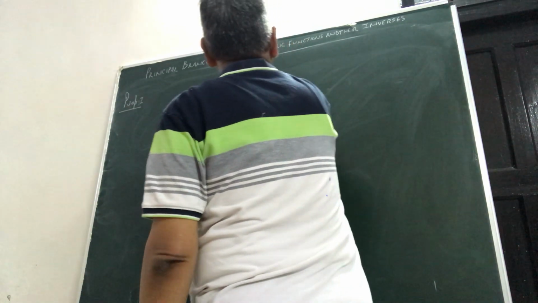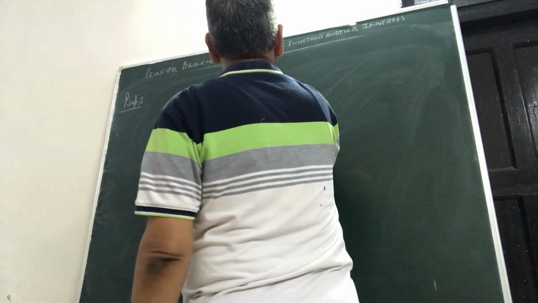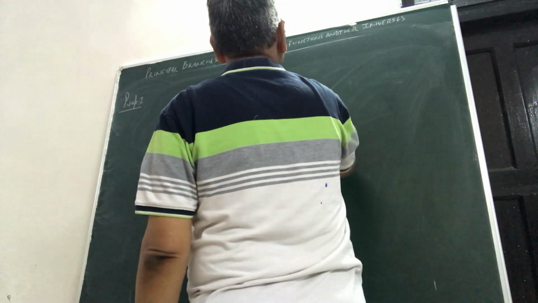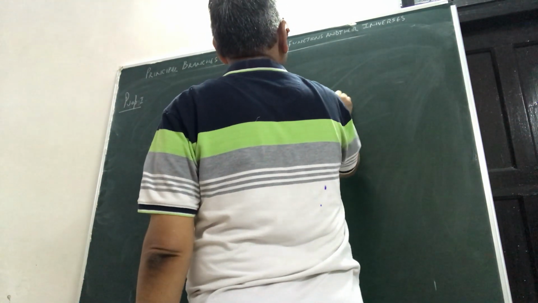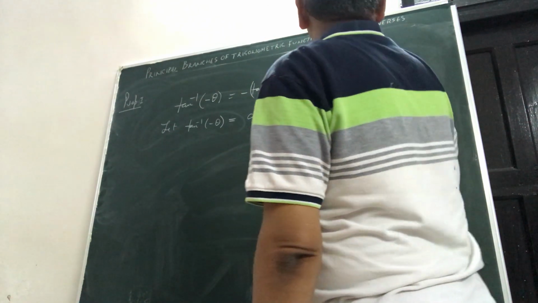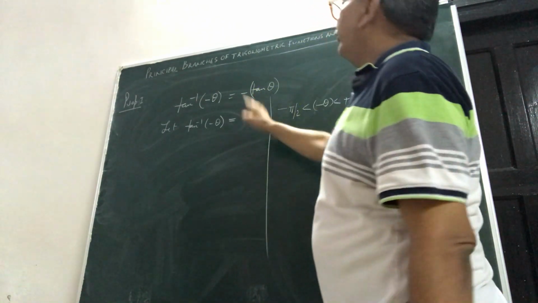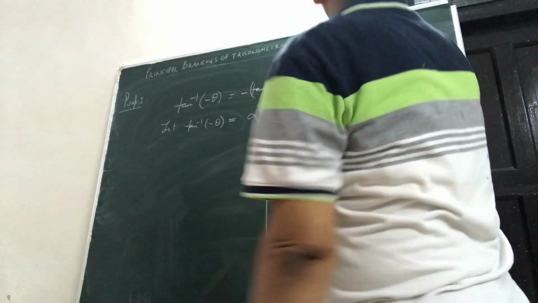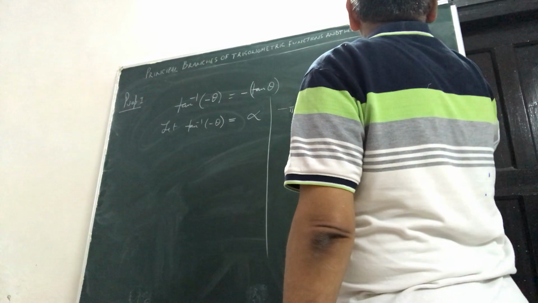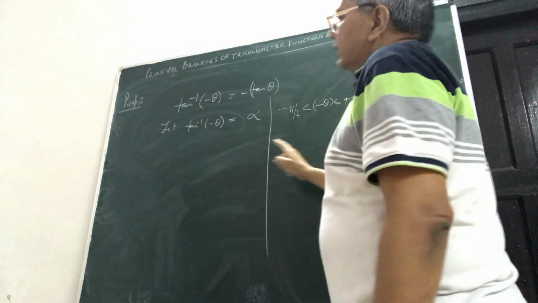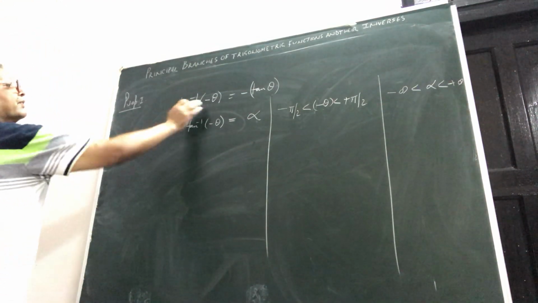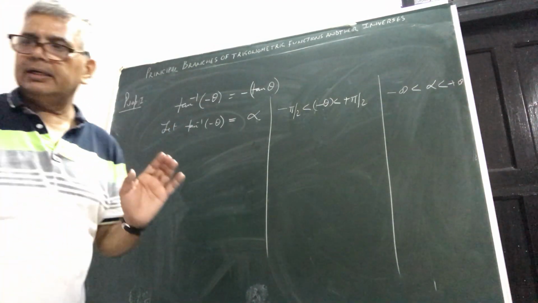to plus pi by 2. So now here I am doing my analysis. Minus pi by 2, it is not closed, so minus theta here will lie between minus pi by 2 to plus pi by 2. Okay, and what about my alpha? Alpha will of course lie between minus infinity to plus infinity. Please see, the domain of tan inverse is what?